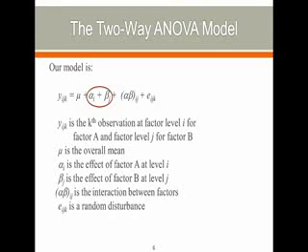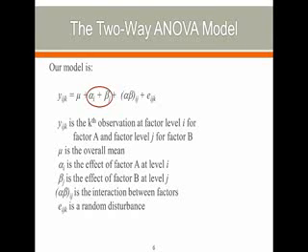The two-way ANOVA model can be represented this way. Y_ijk equals mu plus alpha_i plus beta_j plus (alpha beta)_ij plus epsilon, the error. Y is the observation corresponding to level i for factor A and level j for factor B. Mu is the overall mean.